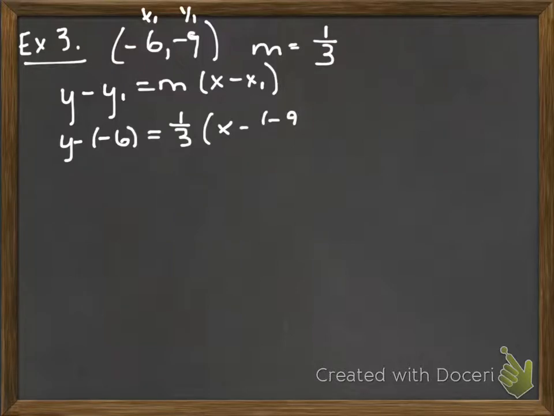No, it would be negative 9. It would be minus negative 9. Somebody said it's backwards, meaning what do I need to do then? Switch. So this needs to become 9, and then this needs to become 6. You see where you went wrong there? Okay, not a big deal, easy fix.